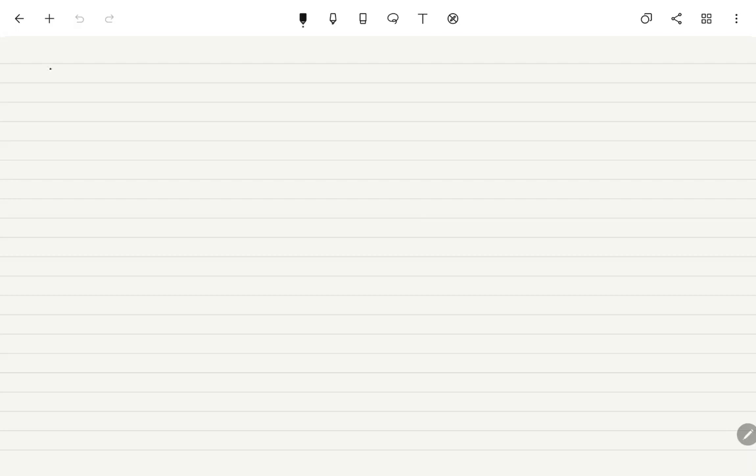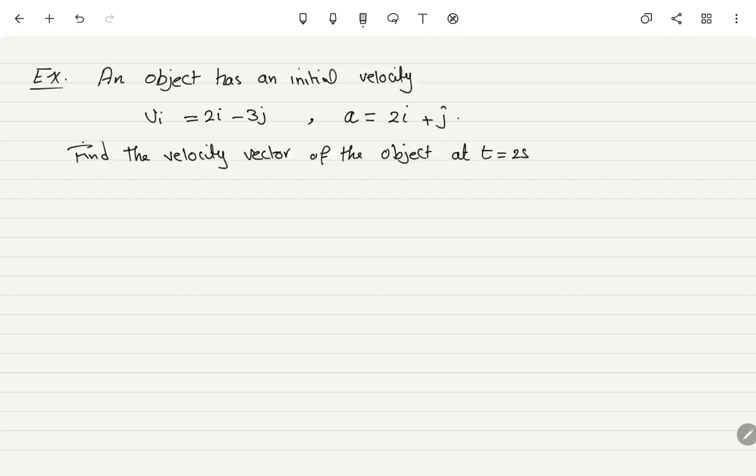Let's have another example. An object has an initial velocity, given here, 2i minus 3j, and an acceleration 2i plus j. Find the velocity vector of the object at t equals 2 seconds.